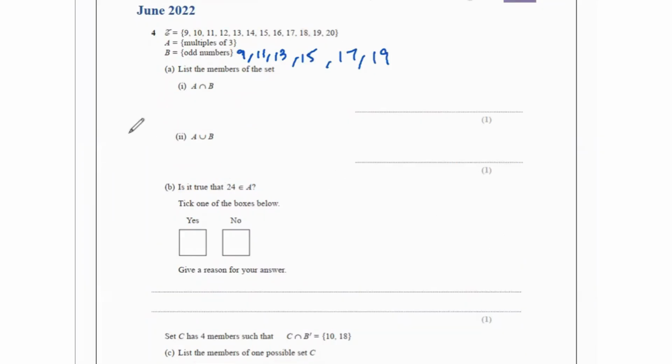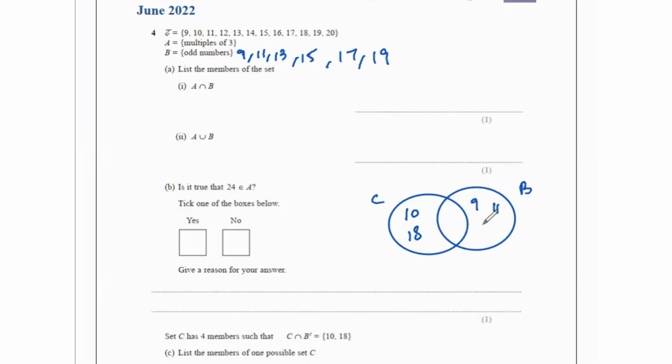C intersection B complement means if we draw the two sets, this is C, this is B. So 10 and 18 are over here, and set B we know has 9, 11, 13, 15, 17, and 19.